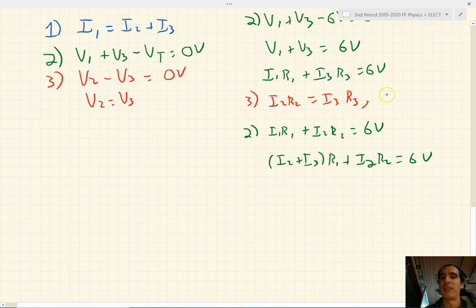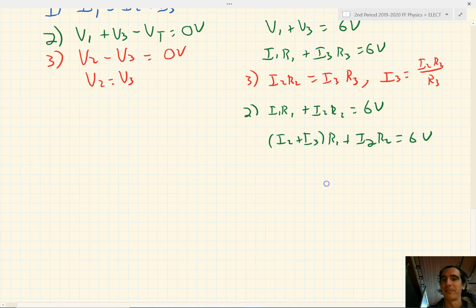So if we isolate I3, we're left with I3 is equal to I2 R2 over R3. So we'll plug that in for I3 in our green equation.